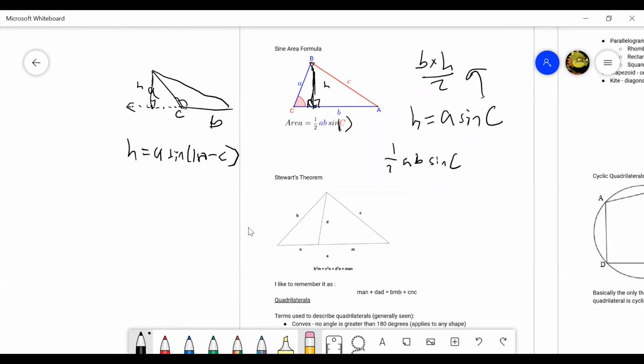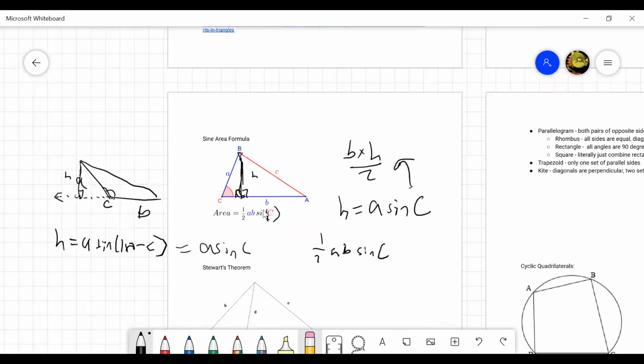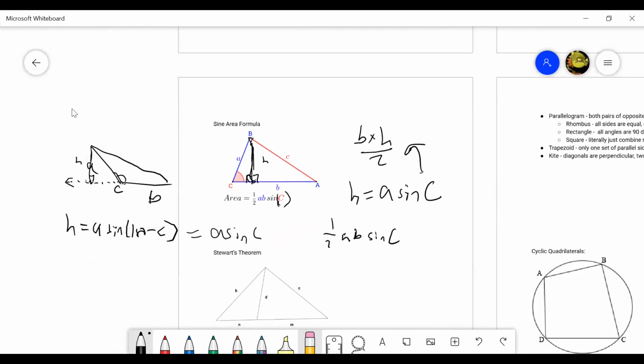So sine of 180 minus C is equal to sine of C. So that also gives the same result. That is why this formula works for both acute and obtuse triangles.